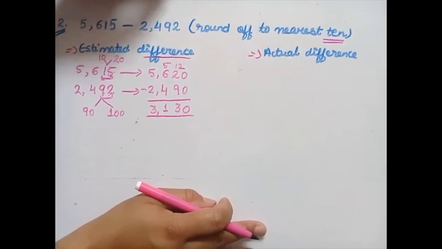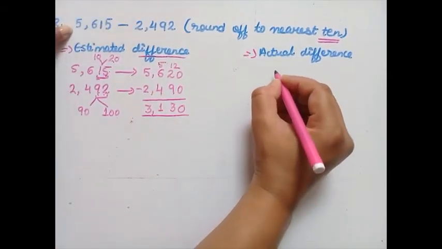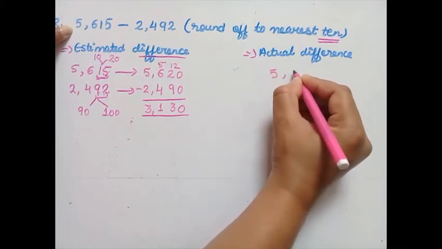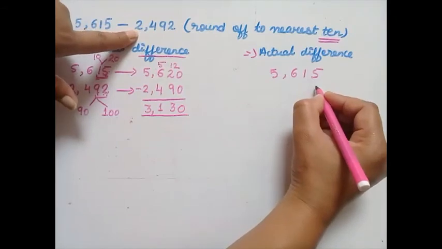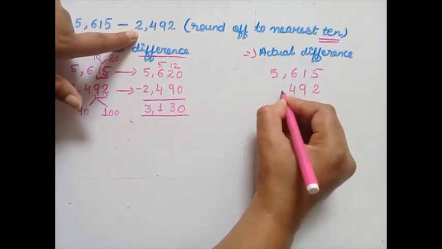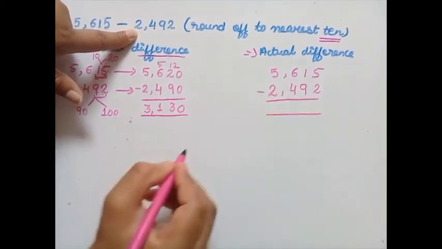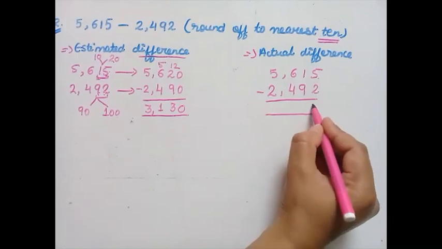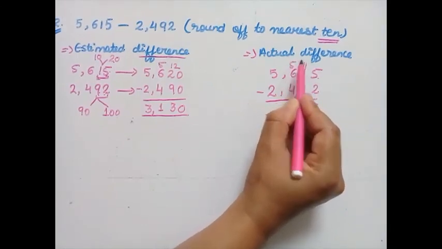Now we have to find the answer by actual difference. So actual difference means note down these numbers as they are without any round off. And this number in the opposite direction: 2, 9, 4 and 2 here. And then subtract. 5 minus 2, 3. We will take a carry here and reduce it.